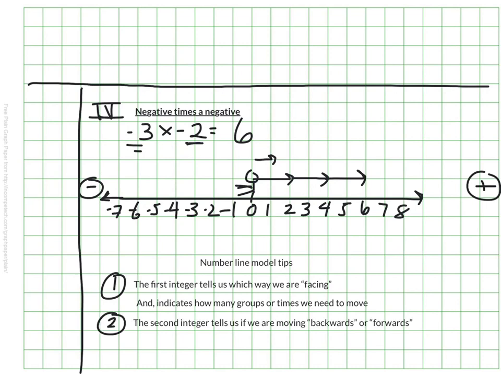The sign of the second integer tells us if we were walking the number line, if we were moving forwards or if we were walking backwards. And it also lets us know how many units or how many steps to take within each jump or each group that we are moving. Right? So those are the tips that we want to remember. Let's apply them on a couple more questions.